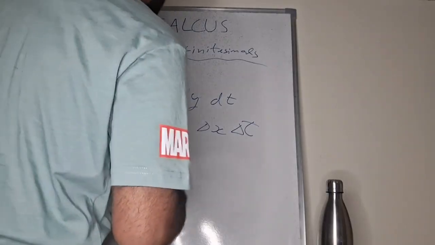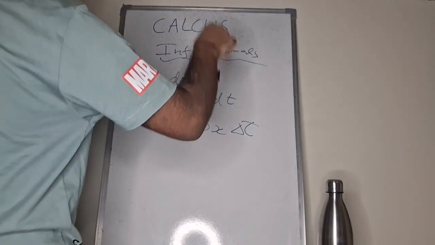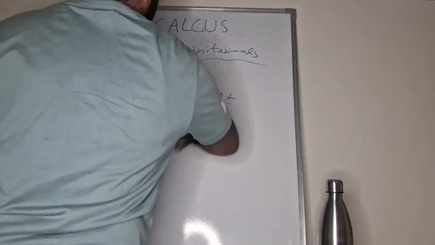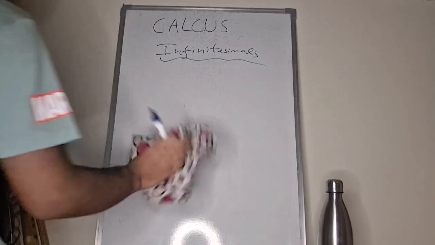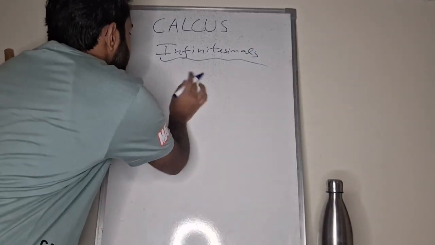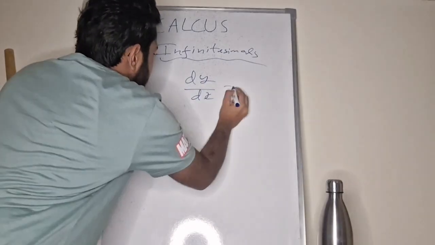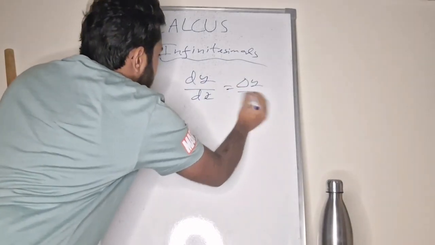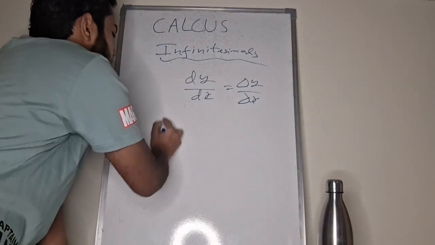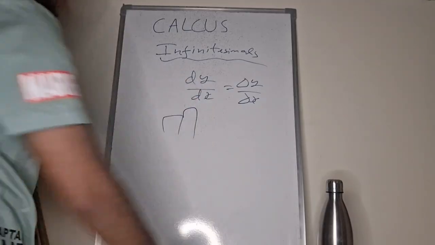No matter how far you take it, these infinitesimals will always be smaller. dx, dy, dt. That's why you write dy by dx, which is just this. But these are infinitesimals and these are like jumps, you would say. But the defined quantity is this.